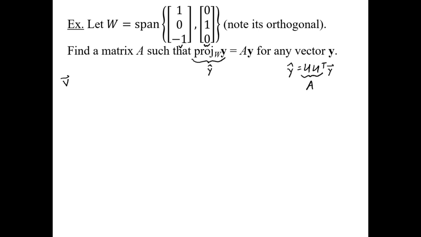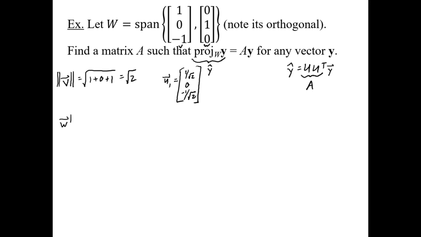So the magnitude of V is going to be the square root of 1 plus 0 plus 1, which is the square root of 2. So my first orthonormal vector is going to be taking V and dividing by radical 2, and so that would be 1 over root 2, 0, negative 1 over root 2.